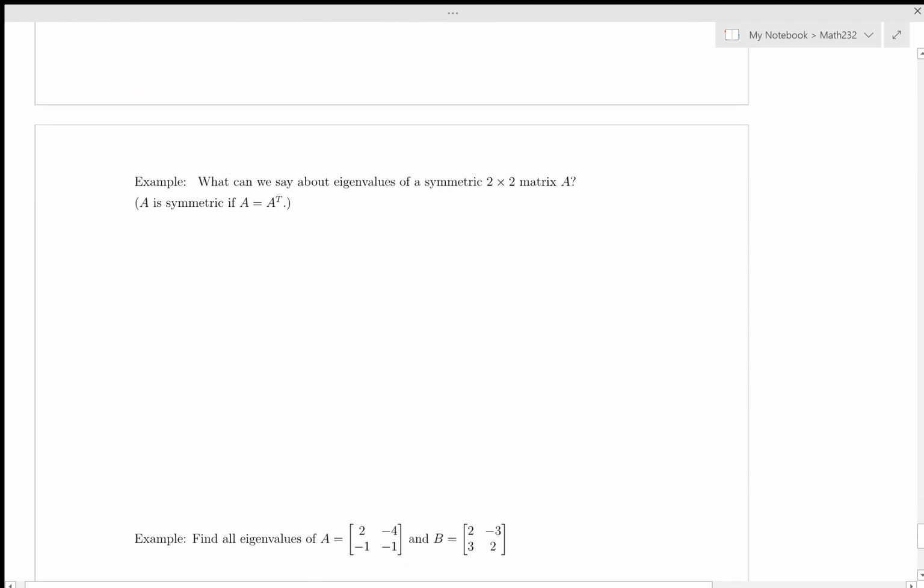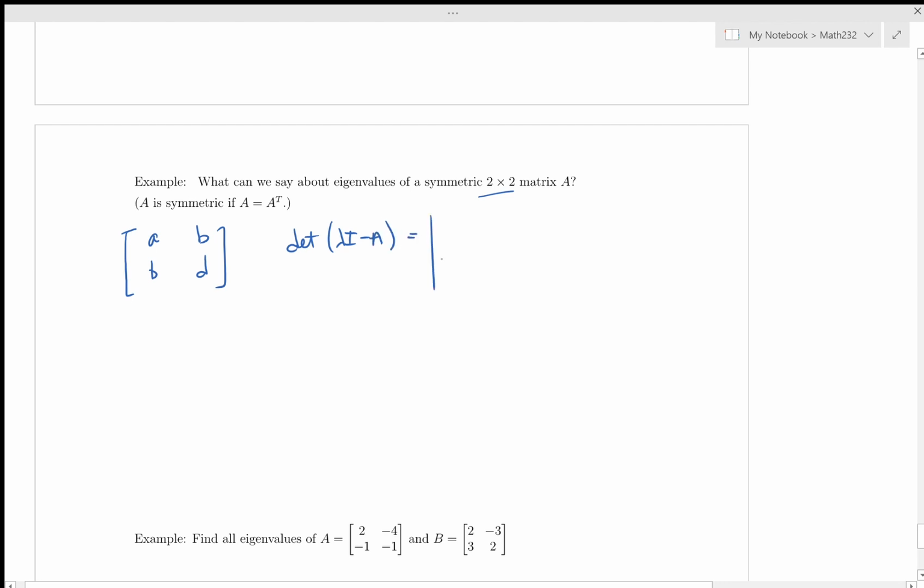All right, a couple of other points. What happens if we have a symmetric matrix? So A is symmetric, and we're looking at the 2 by 2 case here. We have a symmetric matrix, 2 by 2, and we want to know, can we say something about the eigenvalues? Let us set up the general case of the 2 by 2 symmetric matrix. That looks like this, and then we'll compute the eigenvalues of that.